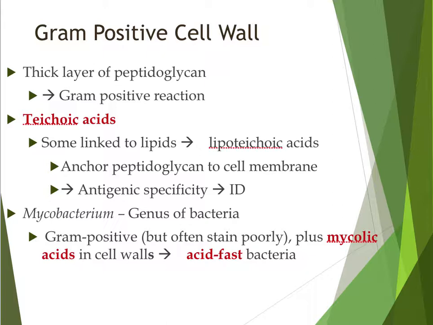So we'll discuss that in lab, but it means that the mycolic acid is a fatty substance that is going to resist the gram staining procedure and make these gram-positive organisms difficult to stain, and therefore we have to do a special acid-fast stain in order to stain them.